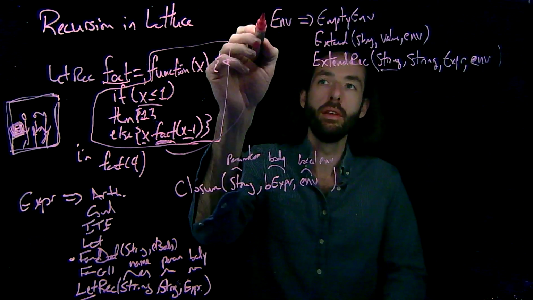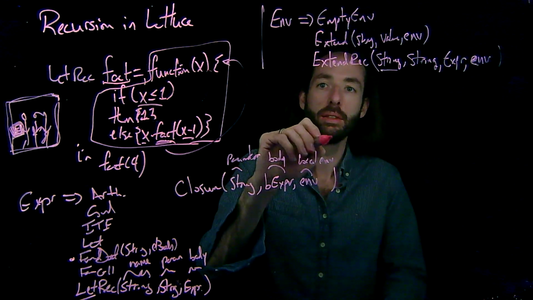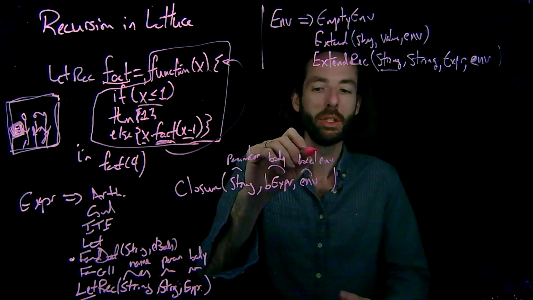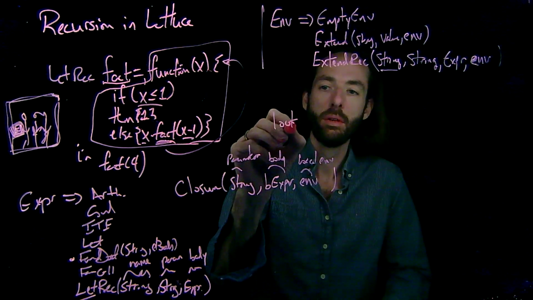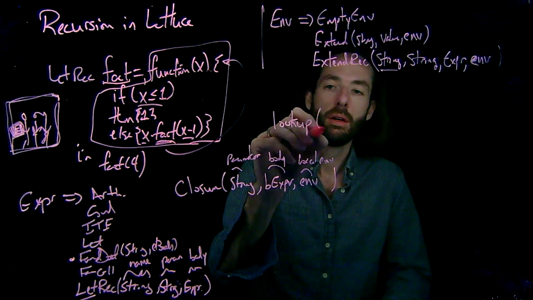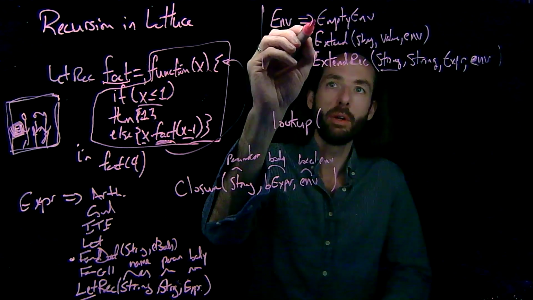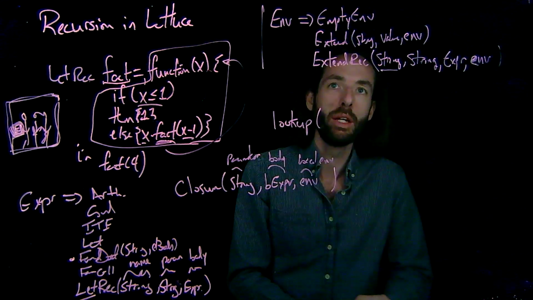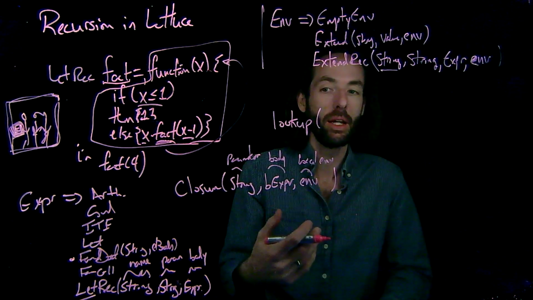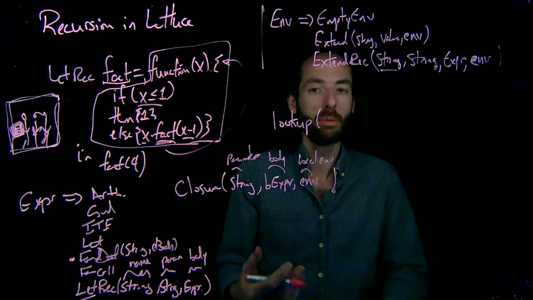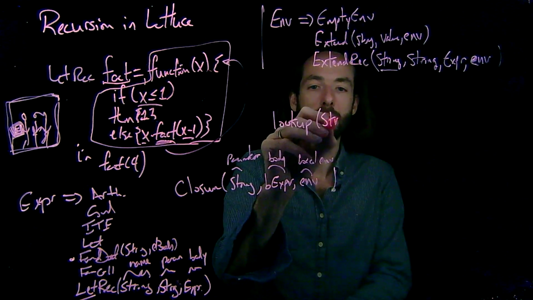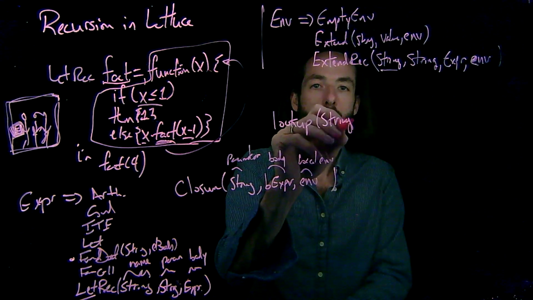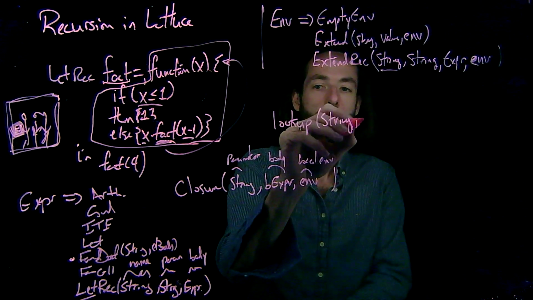So the idea here is we're extending our environment like this, and now we have to figure out what it means when we do a lookup. So our lookup rule: we already saw what happened with the empty environment. We decided that we'll throw an error, because that means that we didn't find the value that we're looking for when we look up a string in some environment.